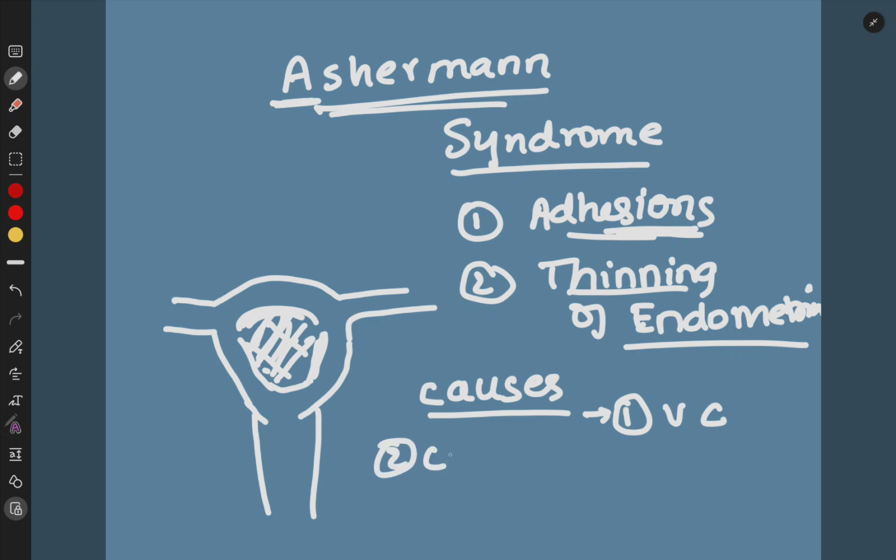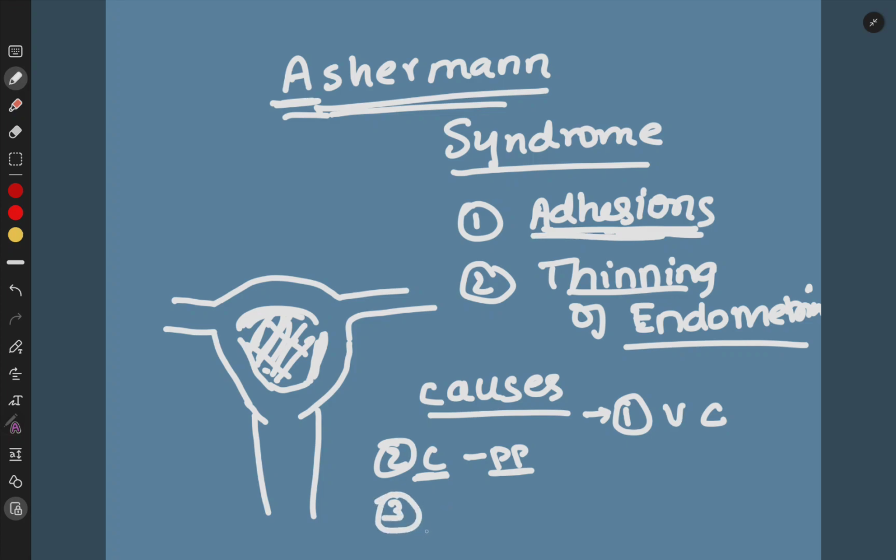The second cause is curettage postpartum, like after the baby is delivered, they scrape out the placenta if it doesn't come out, so they do that postpartum curettage. That can also be a cause of Asherman syndrome adhesions.